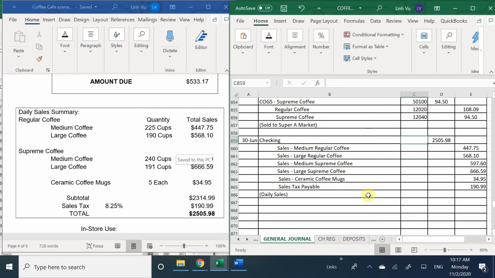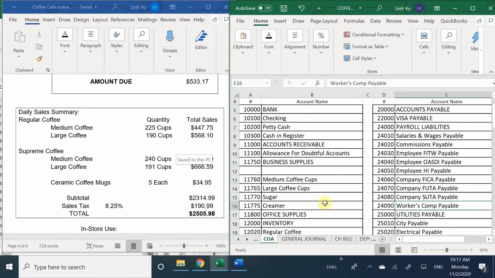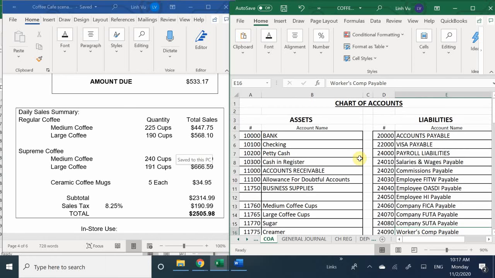I can't go back to the information. Okay, so here, then I shall show you. Where do you find the account numbers? My chart of accounts. Good. So here you go. Chart of accounts. What is checking? Checking is 10,100. Okay.